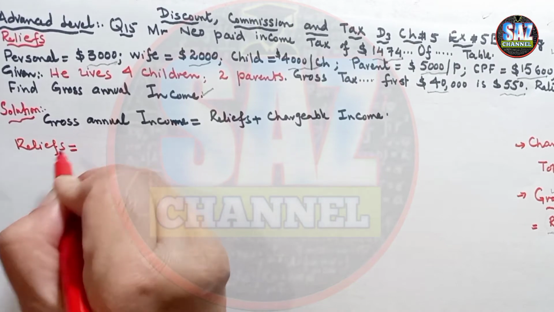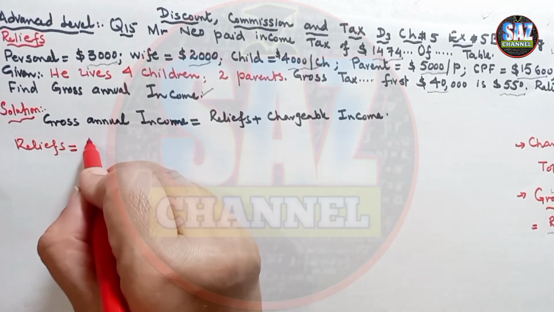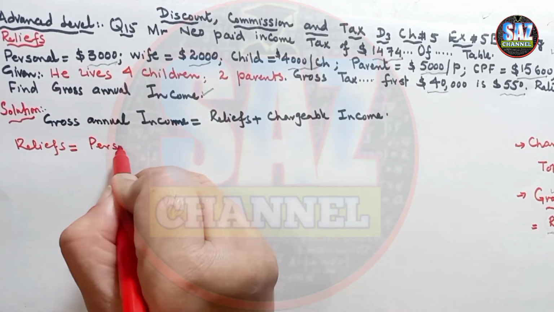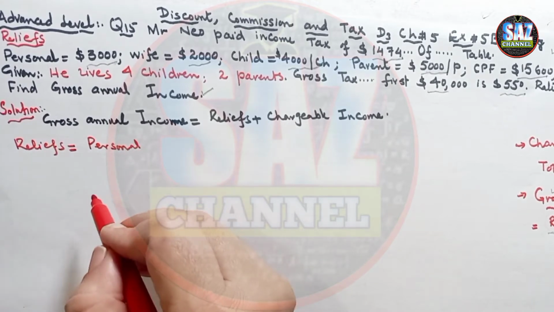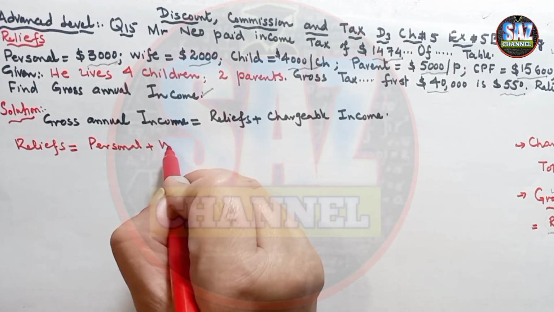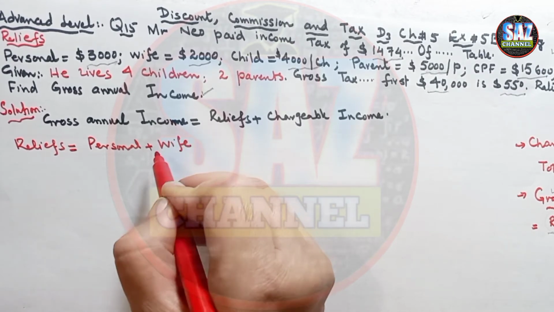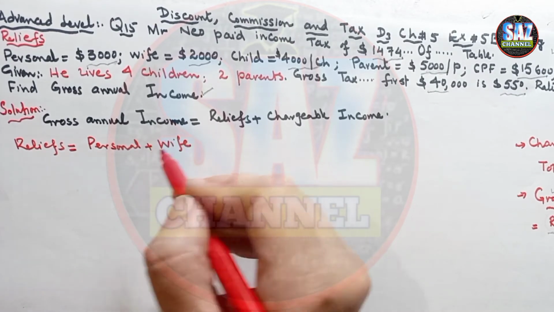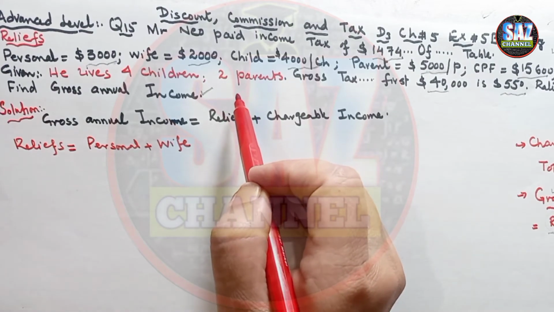Now for the reliefs, he is getting the personal relief, then he is getting the wife relief plus wife, and he is living with 4 children and 2 parents.